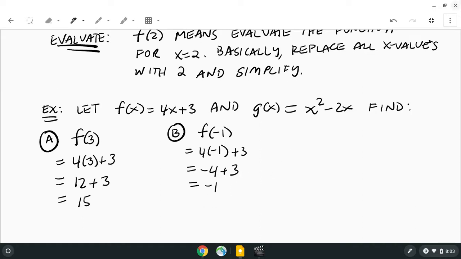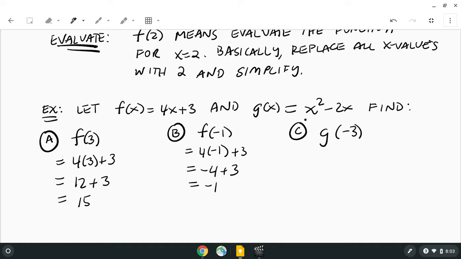Okay, let's go ahead and try this one. g of -3. Okay, so again, decide which function you're going to use.